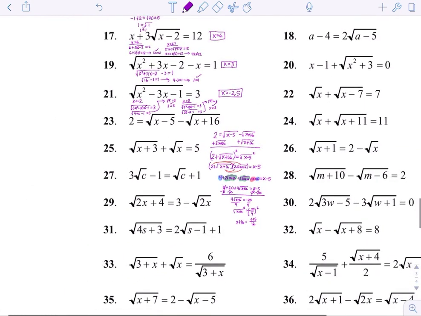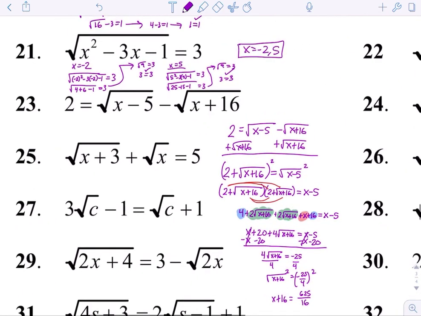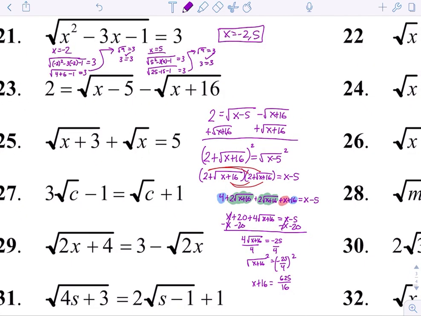Let me just confirm that I am doing everything correctly. Yep, x plus 20, add that, cancel, make it 20.